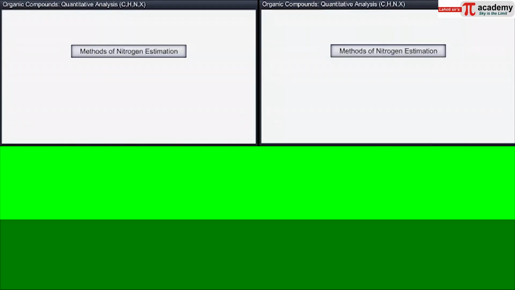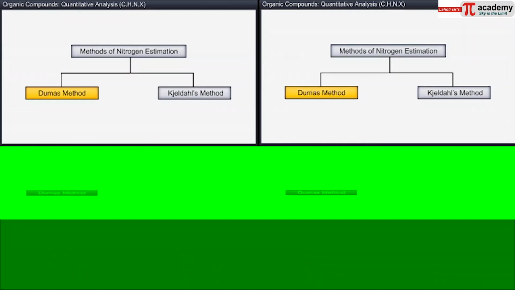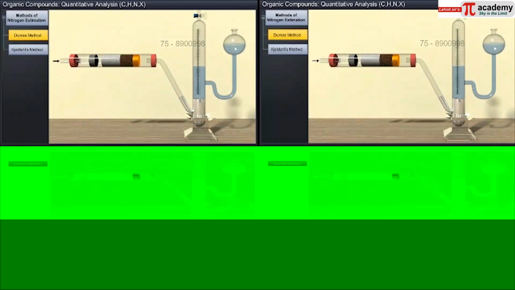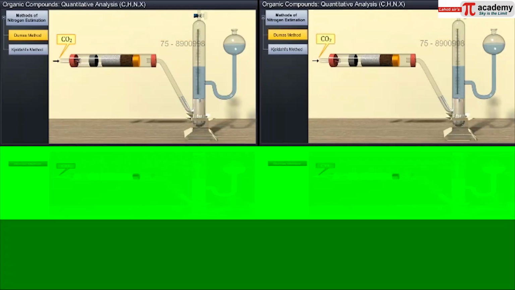For the estimation of nitrogen, 2 methods, the Dumas method and Kjeldahl's method, are used. In Dumas method, a known mass of an organic compound is heated strongly with coarse cupric oxide in an atmosphere of carbon dioxide.